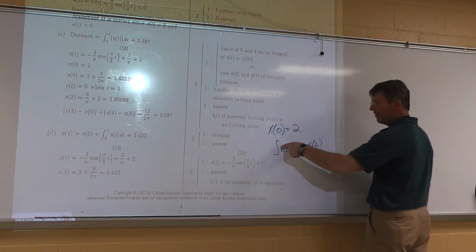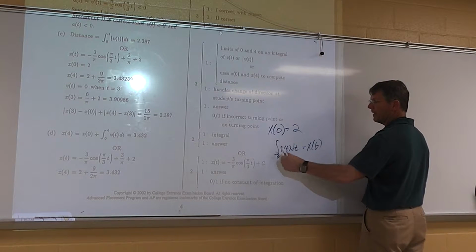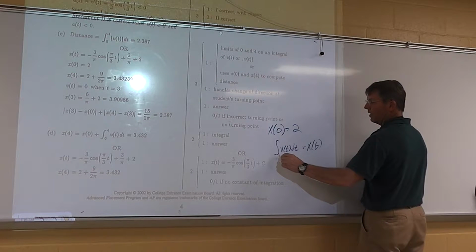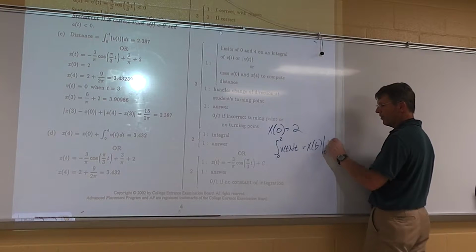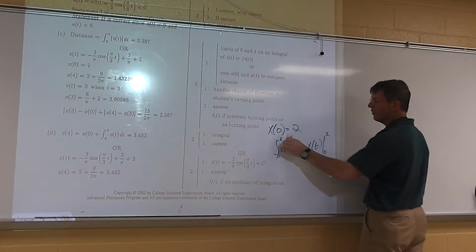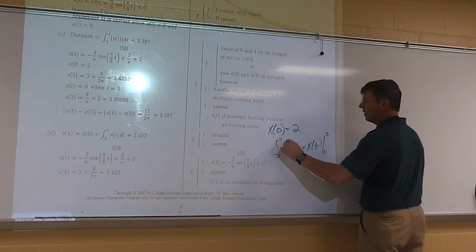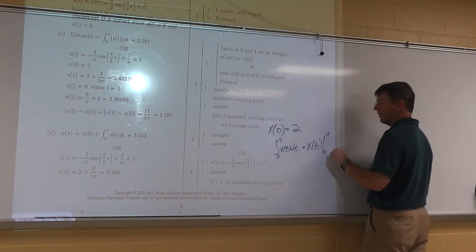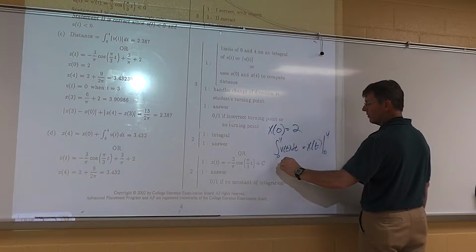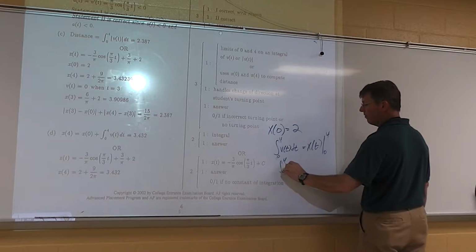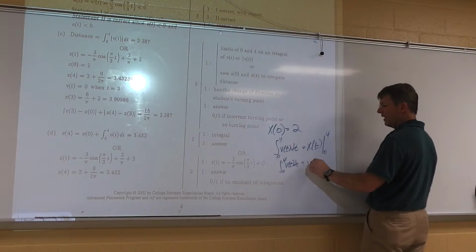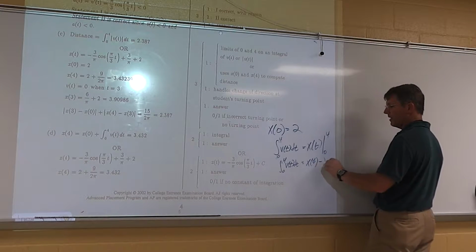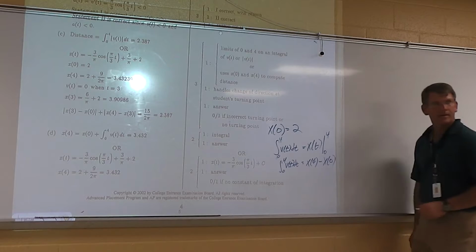If I integrate a definite integral, we've talked about this a number of times now, from 0 to 4, then this integral from 0 to 4 of v of t dt is going to be x of 4 minus x of 0.